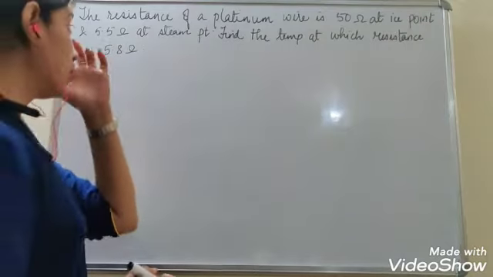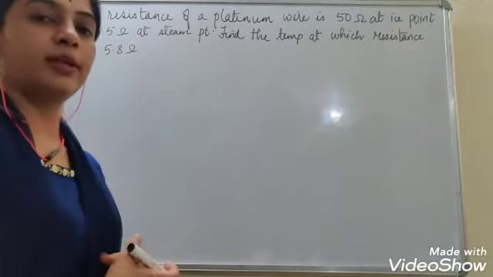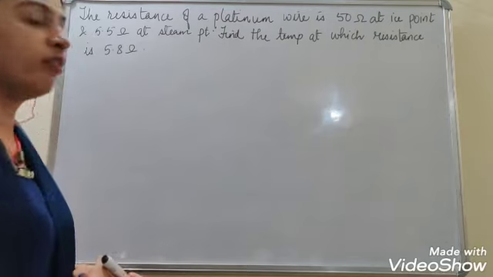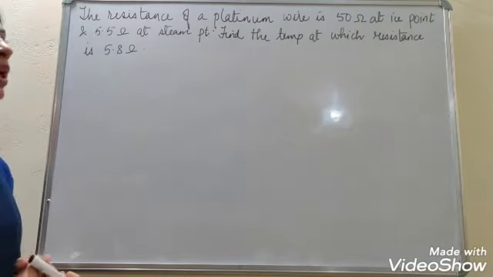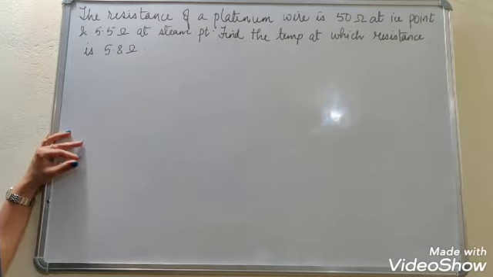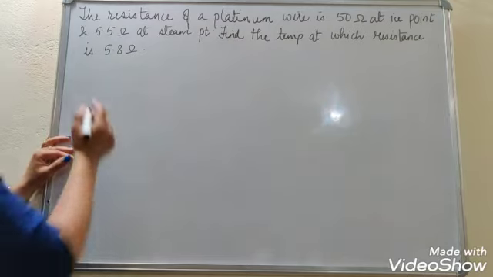So the next question is, the resistance of a platinum wire is 5 ohm at ice point and 5.5 ohm at steam point. Find the temperature at which resistance is 5.8 ohm. So this is a comparative question.